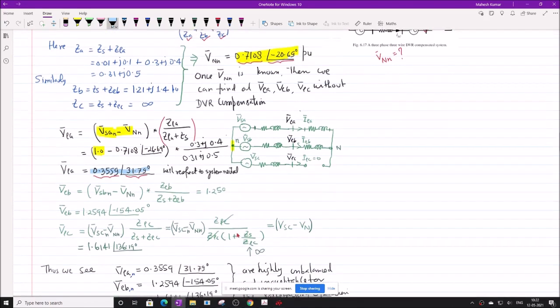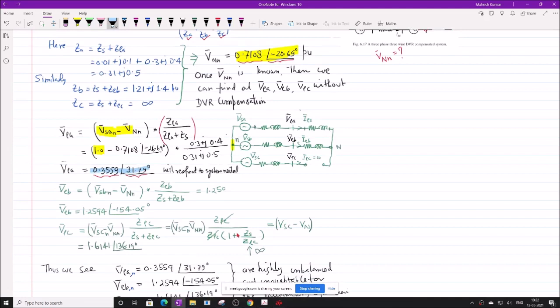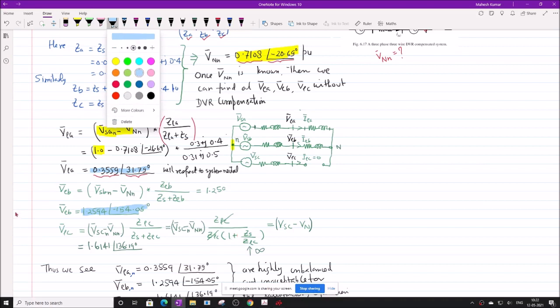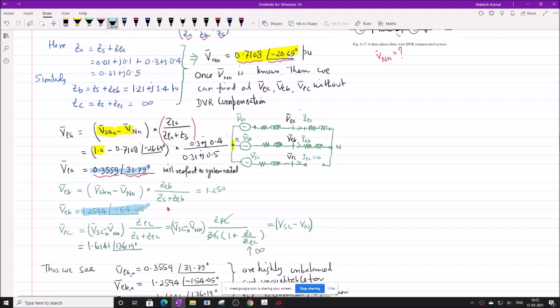And similarly we will calculate VLB, which is 1.2. This voltage is quite high. You can see it here, 1.2594, angle of minus 54.05 degree. So one is quite high, another is low.